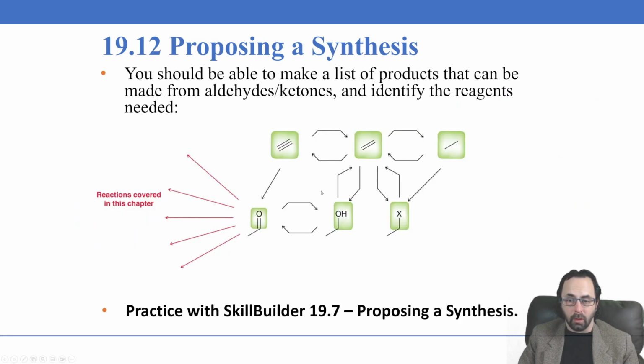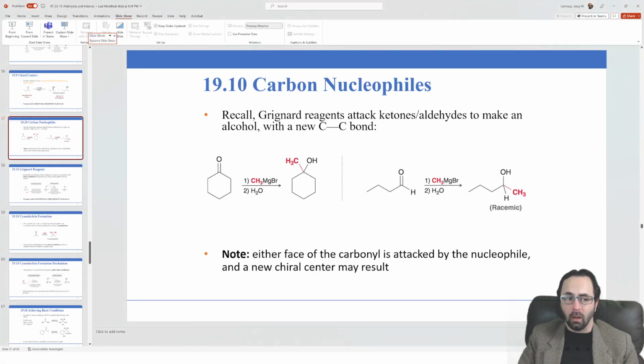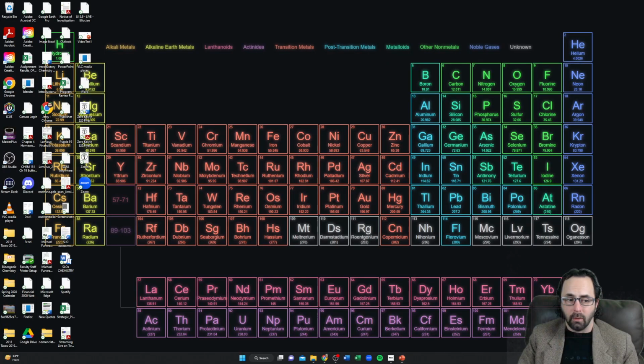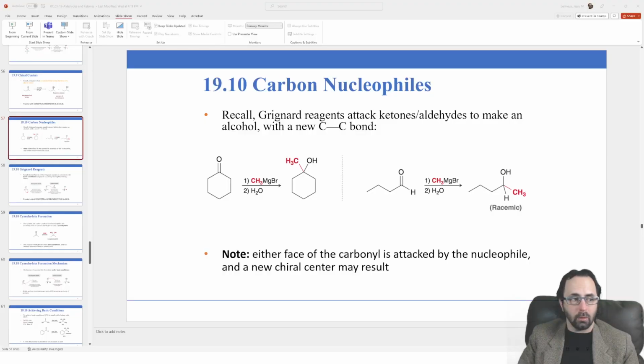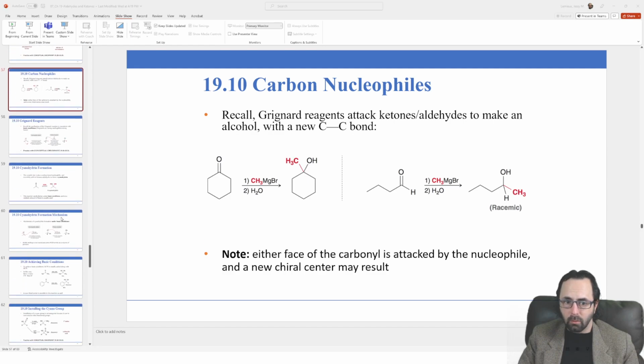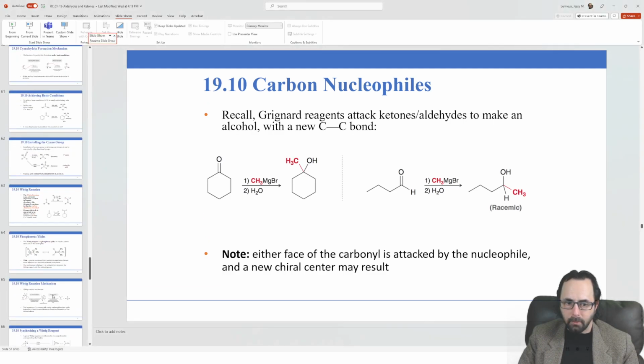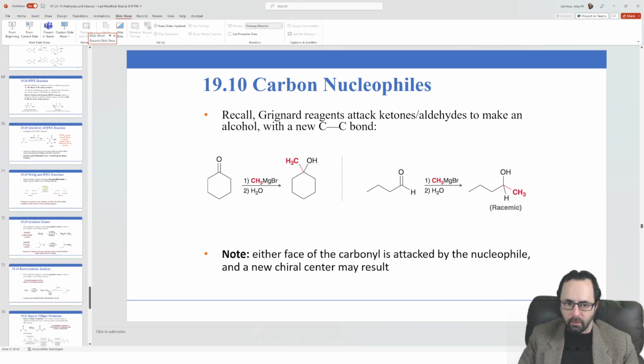So for example here, we have ways to change all of these functional groups, right? We've learned these in the past, and at this point, these really need to be committed into your memory. Where did I switch slides here?